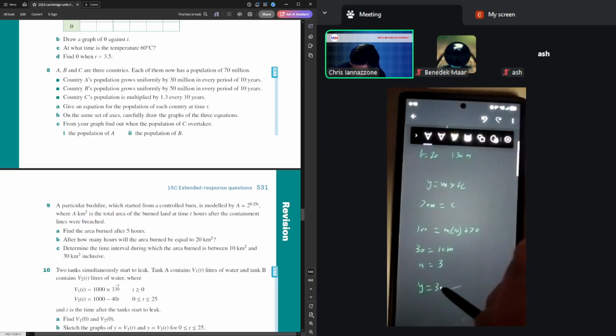Y equals 3x plus 70, where each y value is in terms of millions. So again, if I sub in t equals 0, I get the 70 million, which I do. And if I shove in t equals 10, I should get 100 million, which I do. 3 times 10, 30, plus 70.